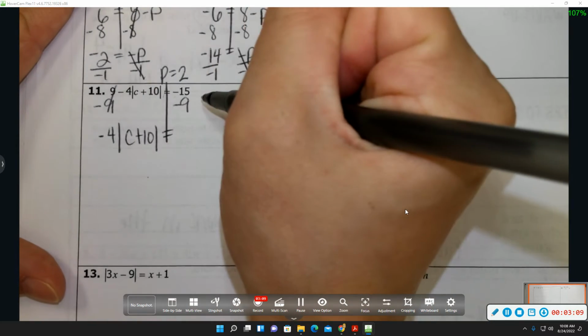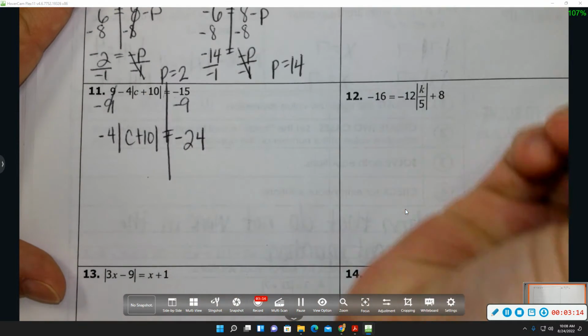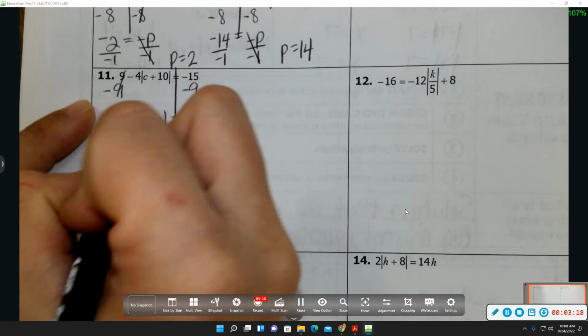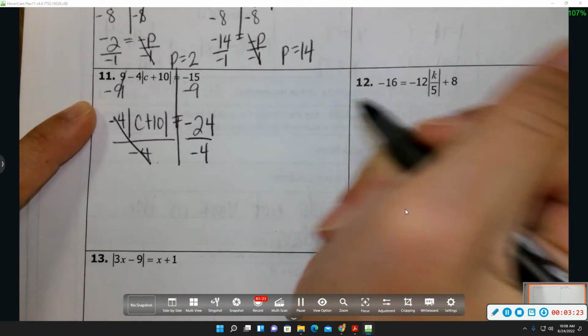Negative 15 minus 9 is negative 24. Okay. Now, whenever you see this indicates multiplication, so you do the opposite. So I'm going to divide both sides by negative 4.